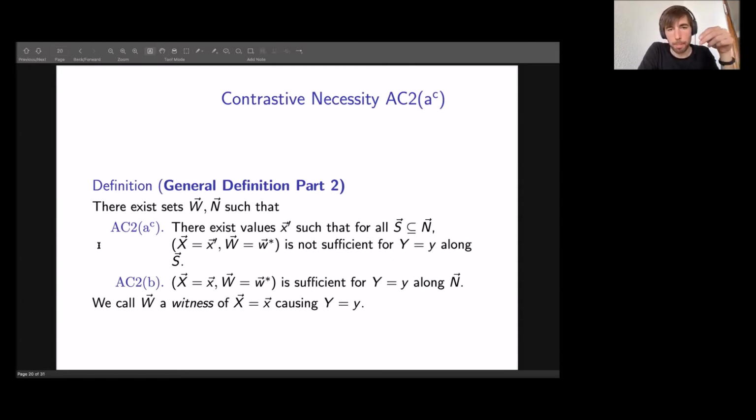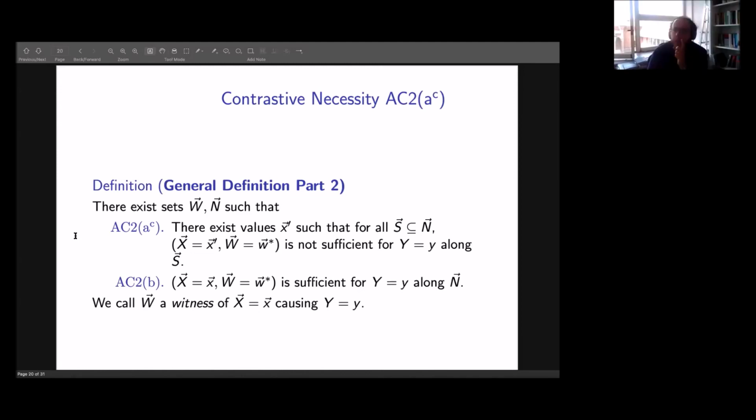In particular, it is not the case that these counterfactual values of x, together with our values w, are sufficient for y along the network, but it's also not the case that they are sufficient for y along a subnetwork, so along a subset of the variables of n. The reason why I'm adding that latter clarification is that I wouldn't want to consider the actual values x necessary for the sufficiency if there are counterfactual values which can accomplish the same end with less means. If it can accomplish the same with a smaller network, then I don't want to call x sufficient for y along that network, because all it's doing is making sure the network becomes larger.